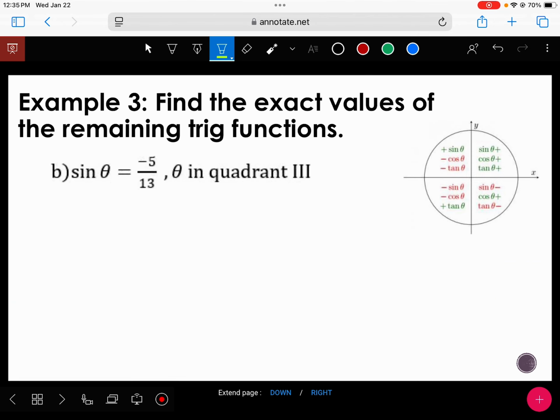All right, next example. Go ahead and copy this down. Now this one already told us what quadrant we're in, so we don't need to figure that out. It's telling us we're in quadrant 3.